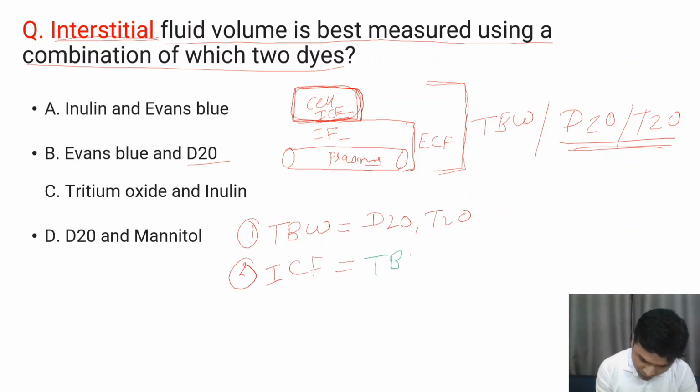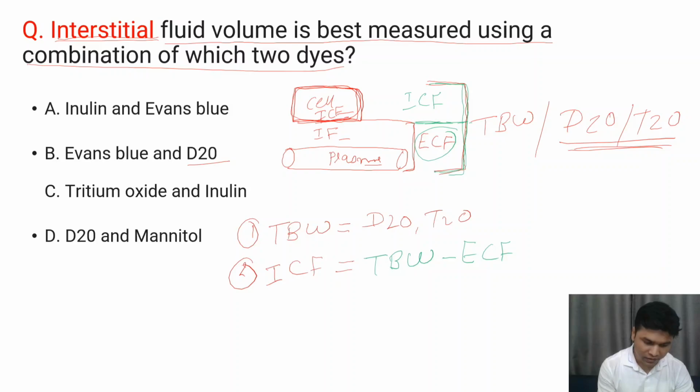Total body water minus the extracellular fluid volume. This is the total volume, and this is the extracellular fluid volume. If you subtract extracellular fluid from total body water, you will get intracellular fluid volume.